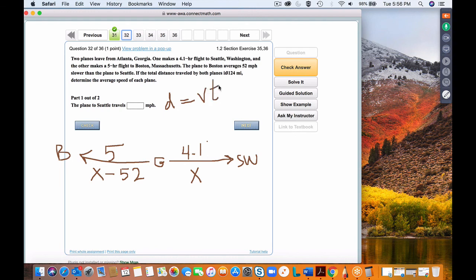Remember, the velocity is always miles per hour, which means distance on top divided by time. We call it velocity, but we can also say the rate. The rate is the velocity. So Vt means when you multiply the velocity times the time, you have the distance.